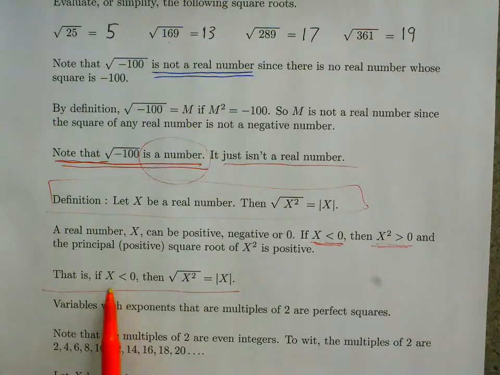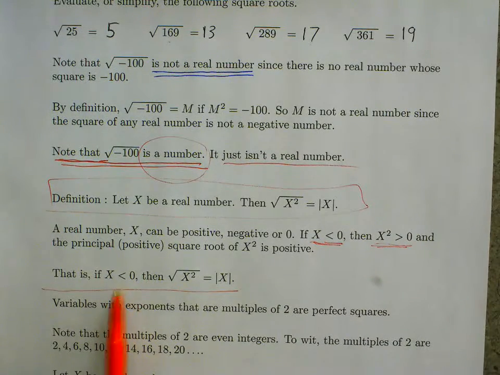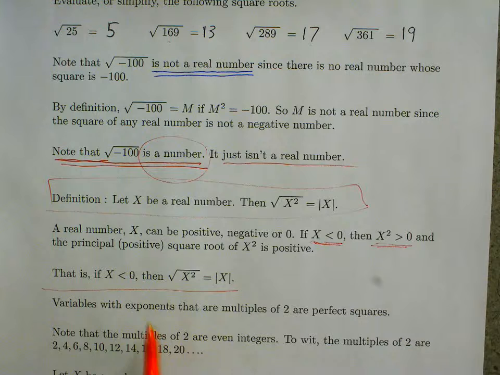Even if x itself is less than 0, then the principal square root of x squared is equal to the absolute value of x. If we don't include the absolute values, we're saying that the positive square root of x squared is a negative number.